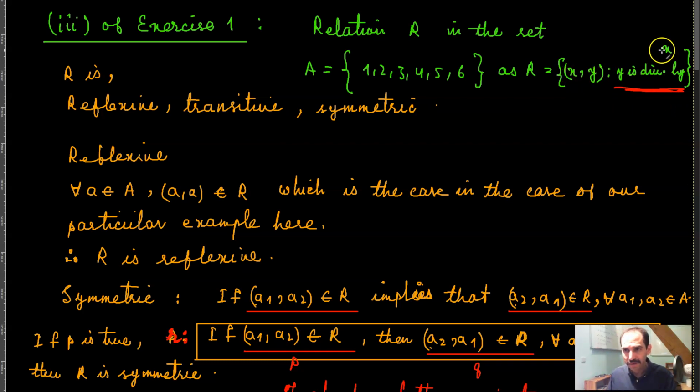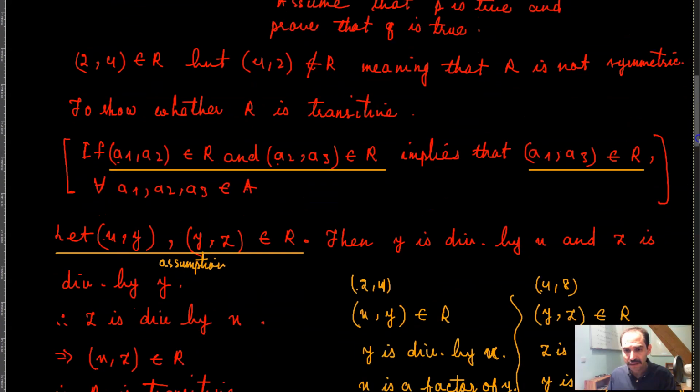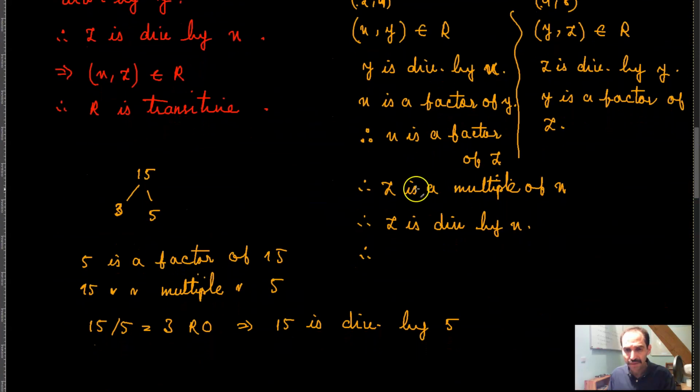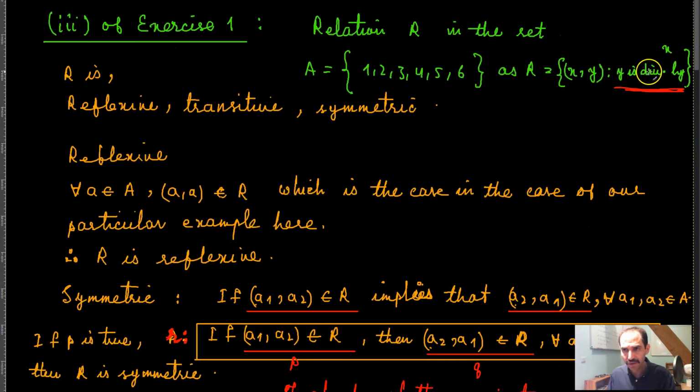So if z is divisible by x, then x comma z, I apologize, then x comma z belongs to R, because based on the rule that we have in R, we are saying that the second number is divisible by the first number, right?